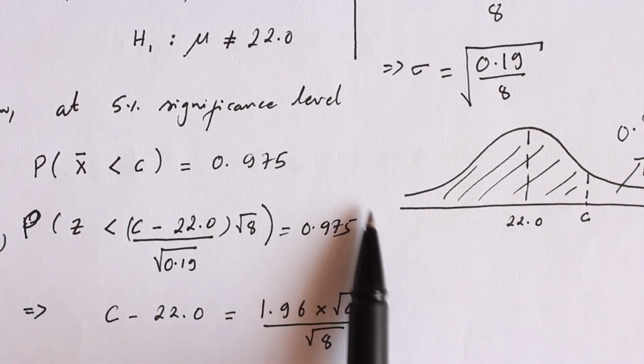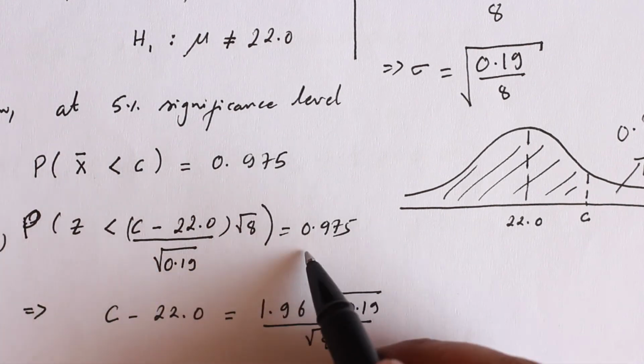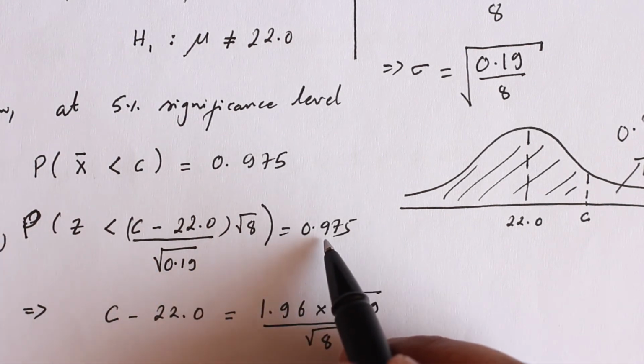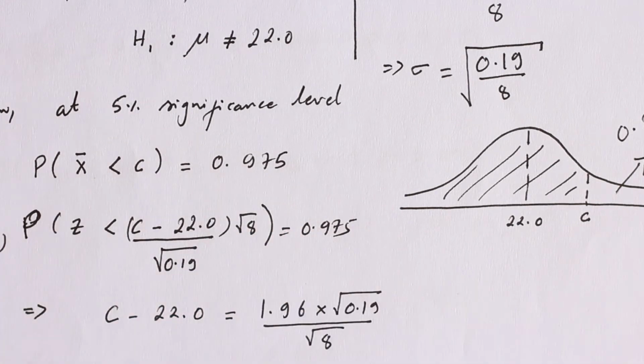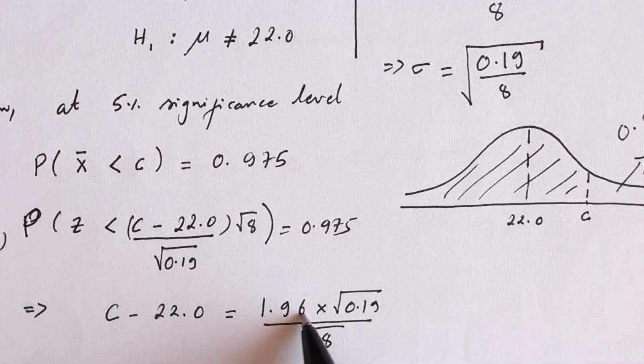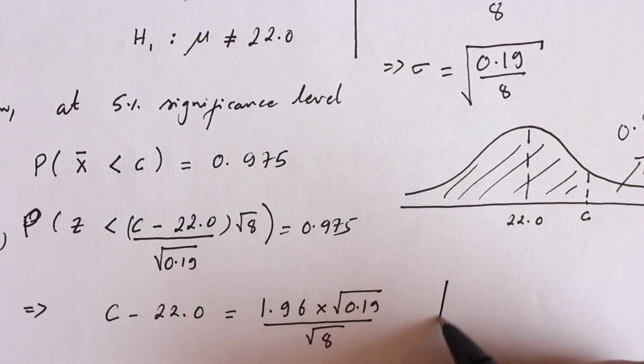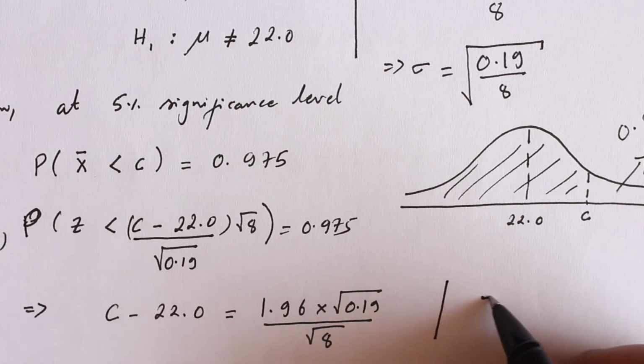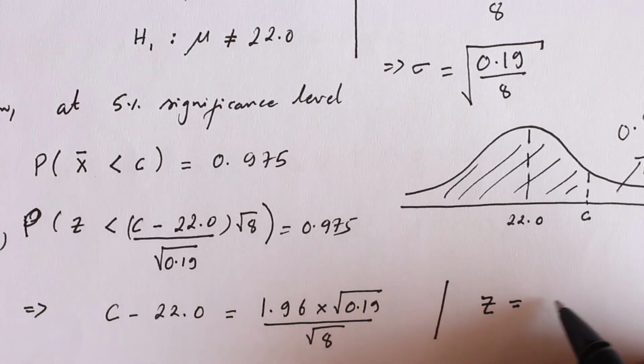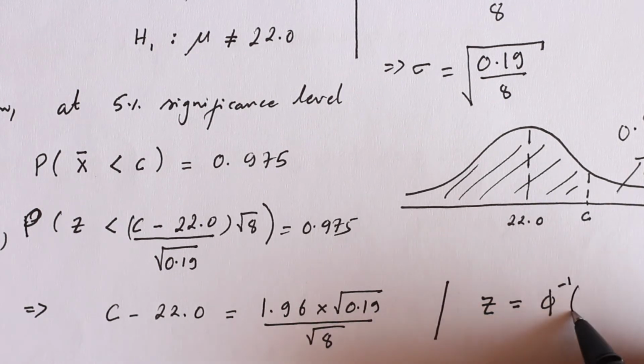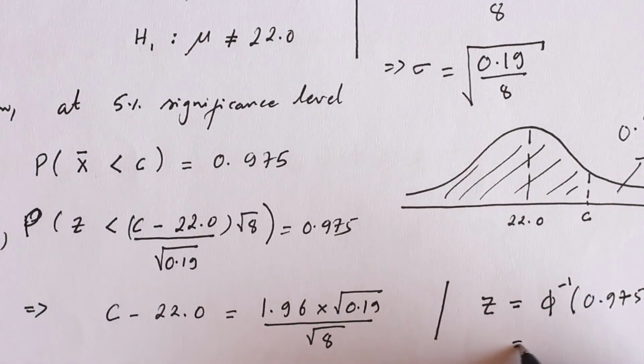If you look at this quantity, the inverse of this area will give you a value of Z of 1.96. Or you could say Z equals phi inverse of 0.975, which is 1.96.